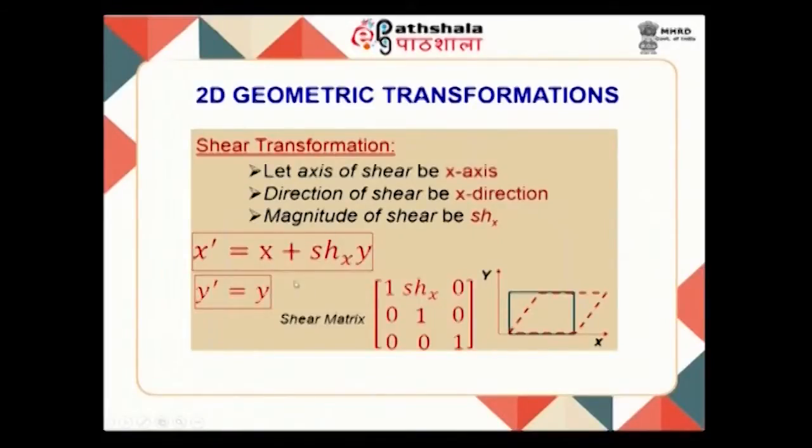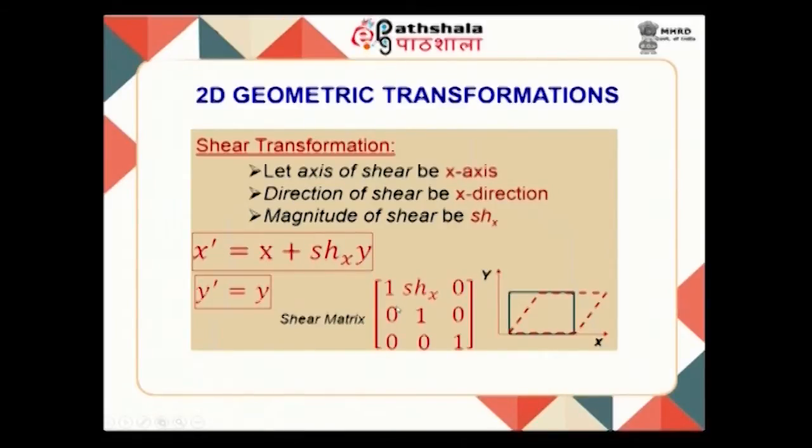Now, the same thing is explained here in the equations. y dashed is equal to y, and x dashed, the new x coordinate, is the previous x coordinate plus the shear magnitude SHX multiplied with the y coordinate. The x in the suffix indicates that the shear magnitude is applied along the x direction.